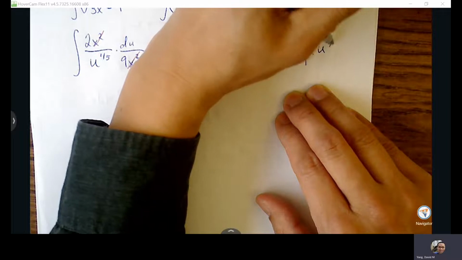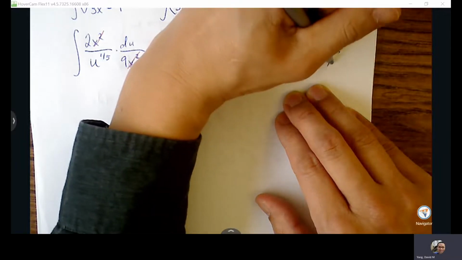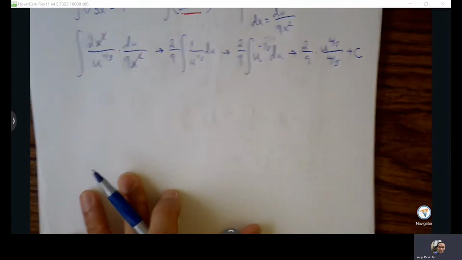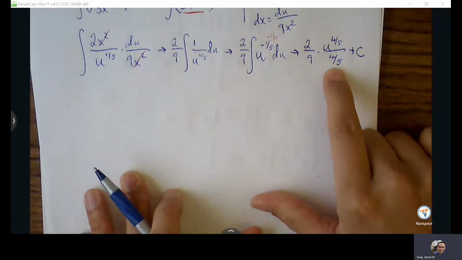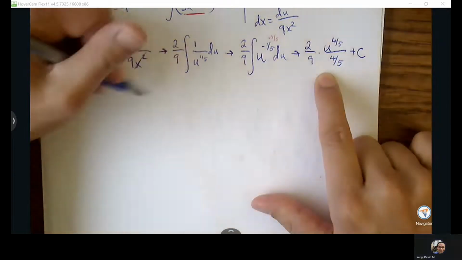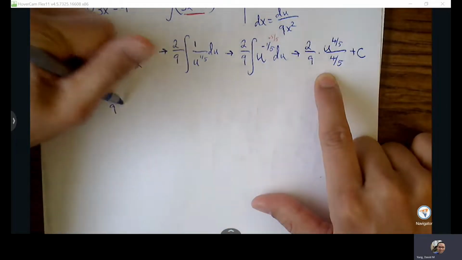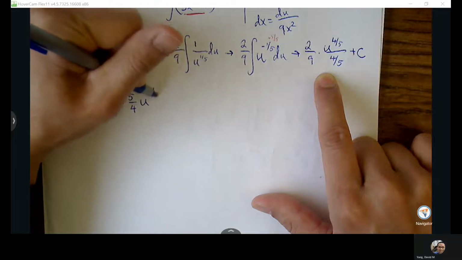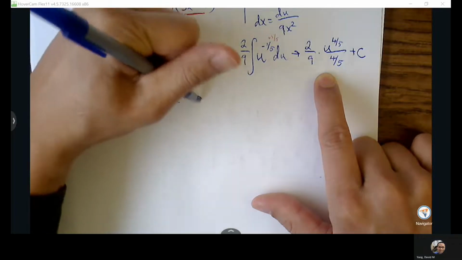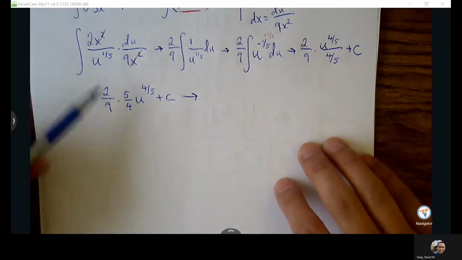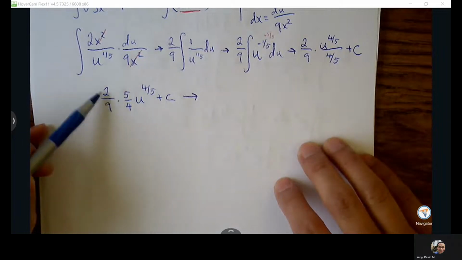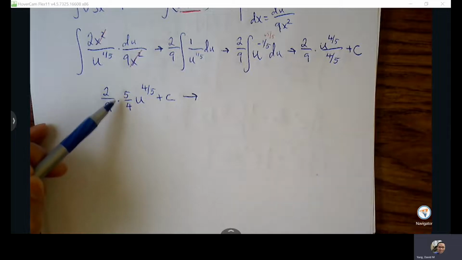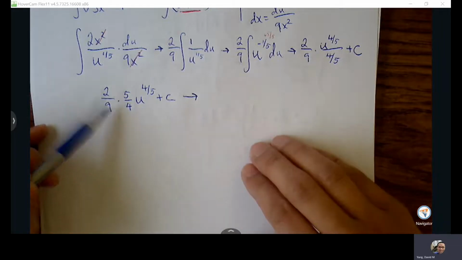So u to the 4/5 over 4/5 plus c. We can get that 4/5 to be 5/4 in the numerator. That's 10 over 36, but we can let that reduce down to 5 over 18.